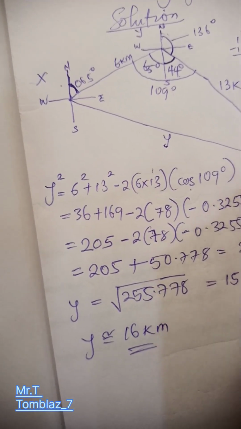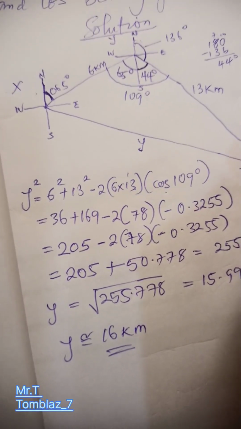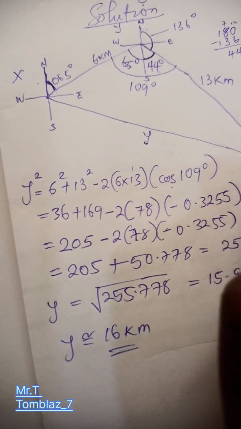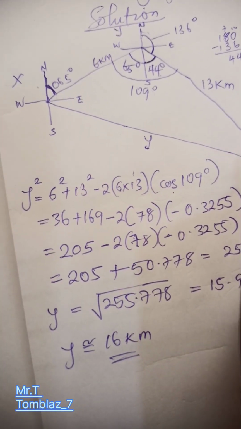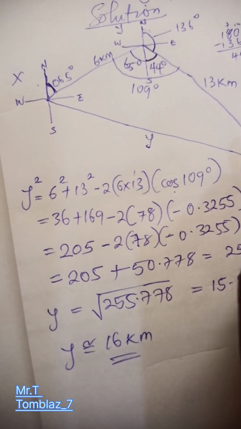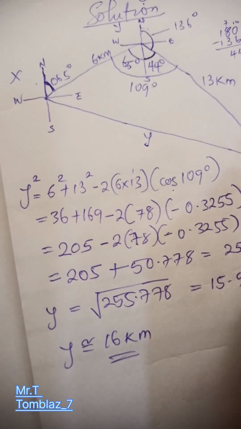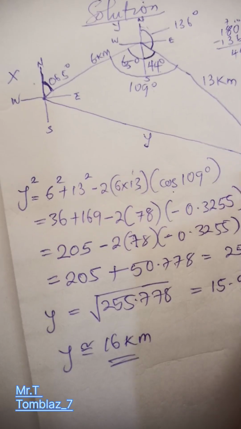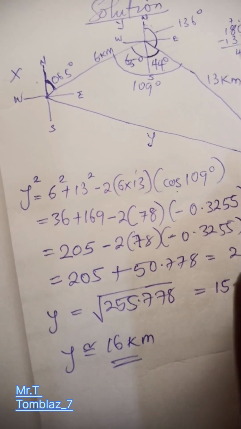If we know the turn, that is the bearing. But first, how do we get this turn? Since the entire angle around this point is 360, we have to know this portion and this portion. Then if we subtract these two portions from 360, we should be able to get this angle, which will give us the bearing.